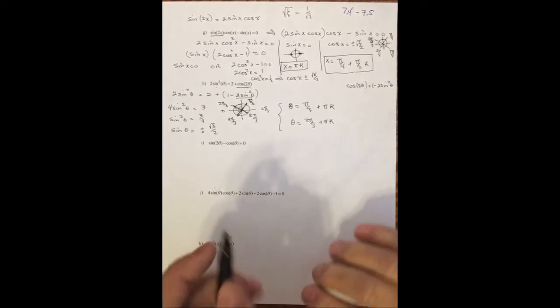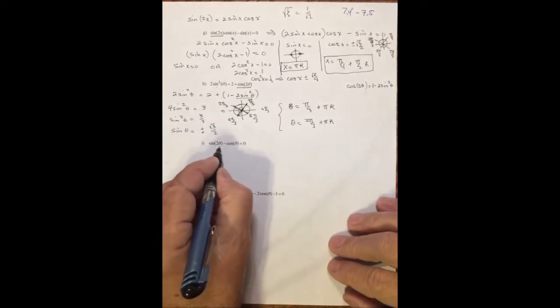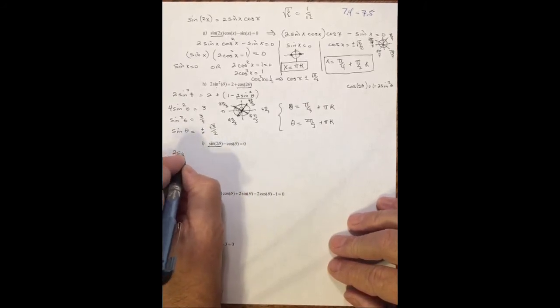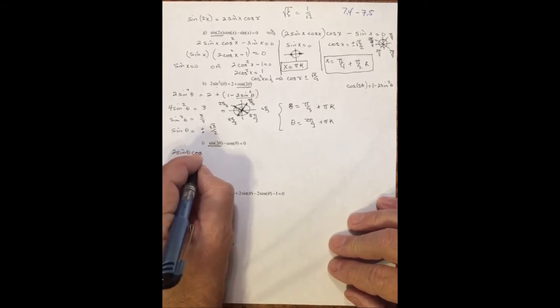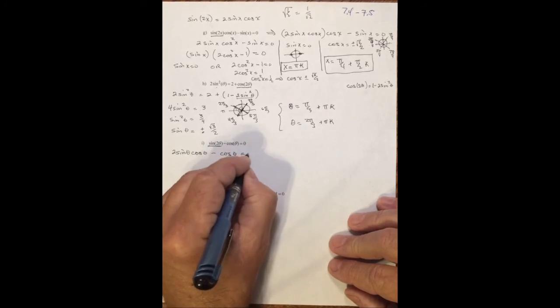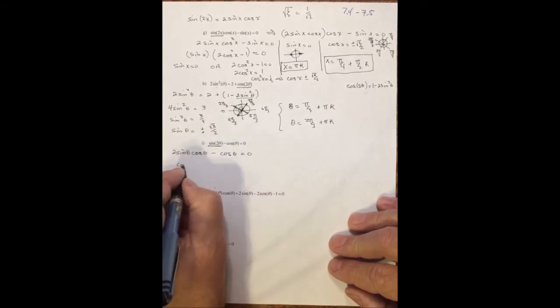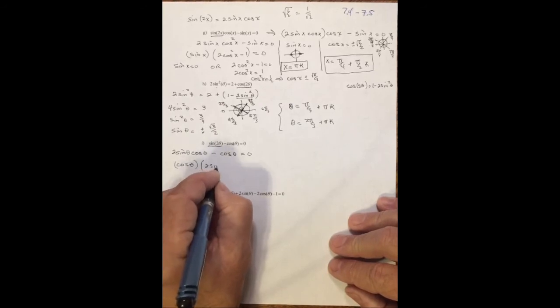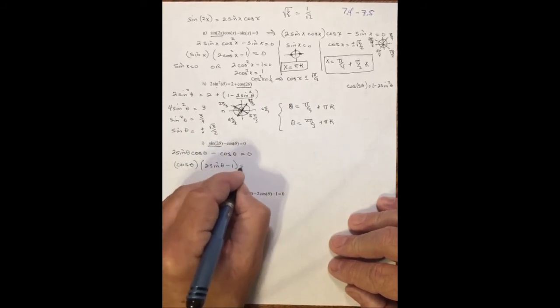Well, the next one, you can see what we have to do here. I have to replace that double angle formula with 2 sine theta cosine theta, then minus a cosine theta is 0. Factor out a cosine theta, and that's 2 sine theta minus 1 is 0.